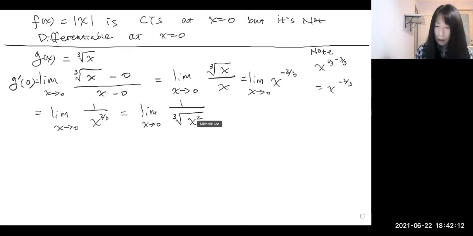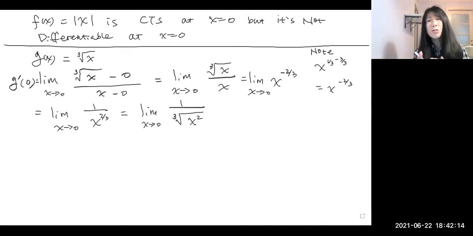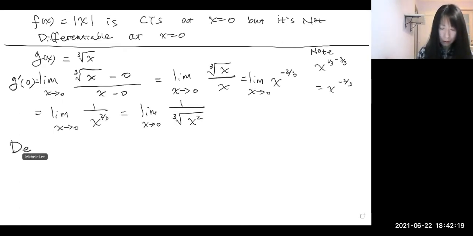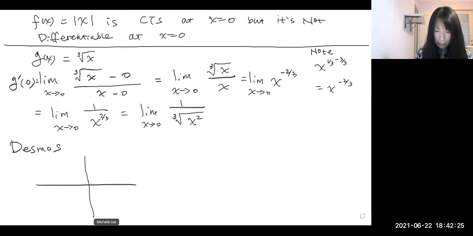Okay. Now, if we draw this one, this one will be like that. Then when x approaches 0, what is 1 over cube root of x squared?